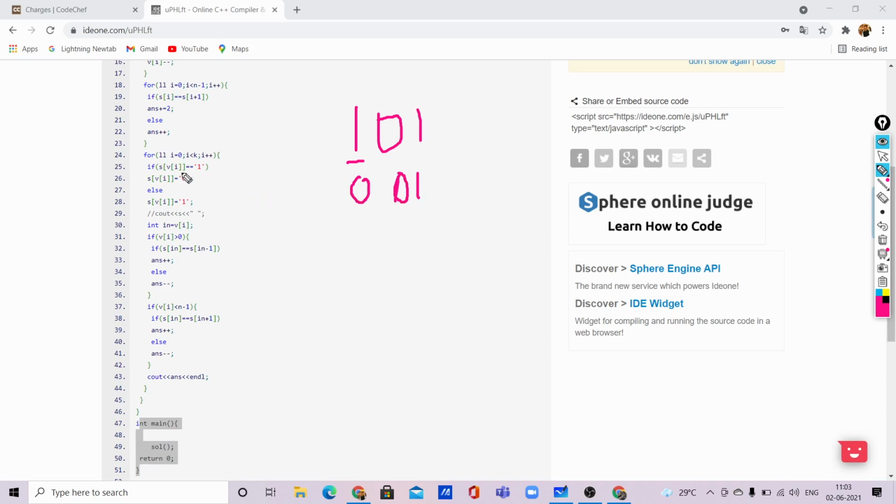So if s of i is 1, I am converting it to 0 now. It is 1 here, so I am converting it to 0. s of i means we are updating what is there. So I have updated, and after updating, let us see what will happen.